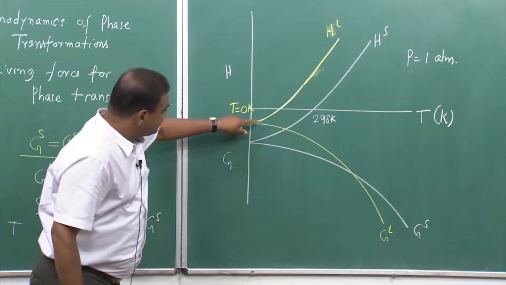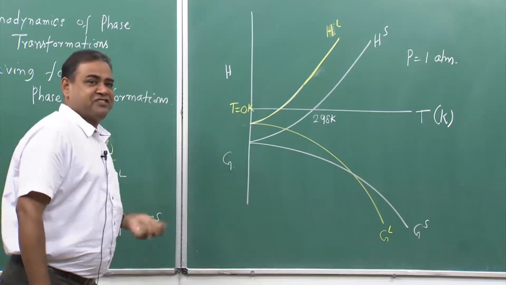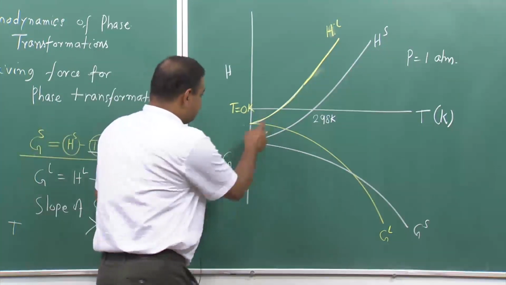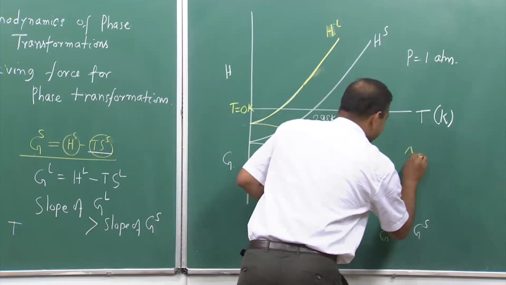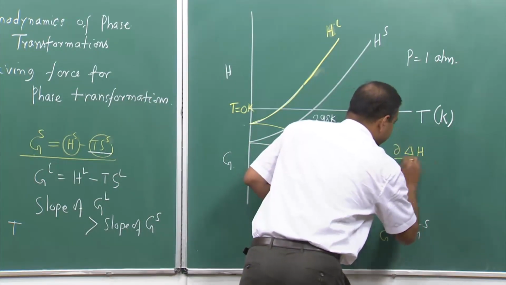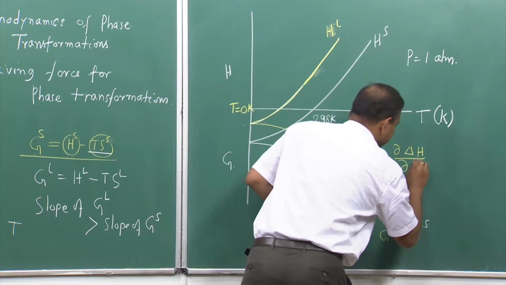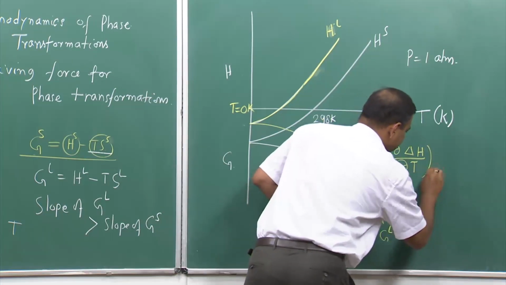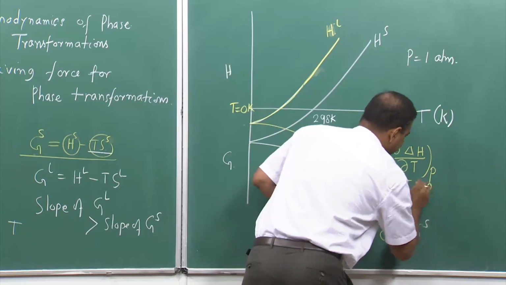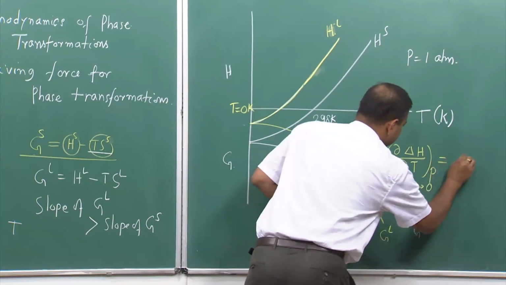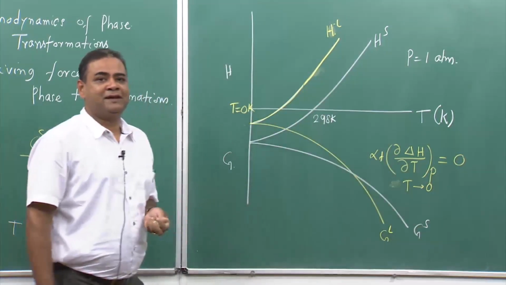And if we try to see the slope variation, you will see that it's 0.